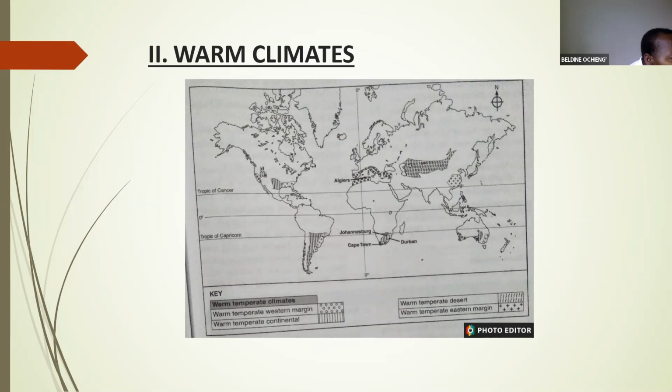Then warm temperate eastern margin. We go now to the eastern parts of the continent, and I can see one in Australia.